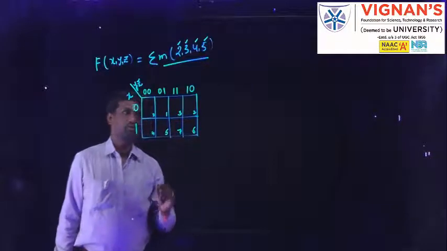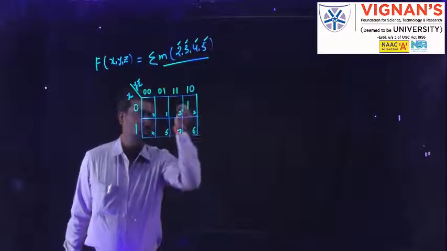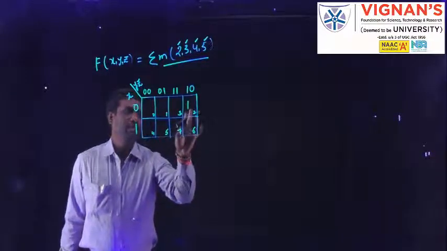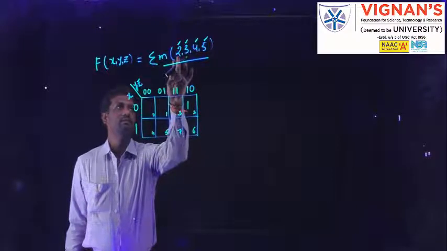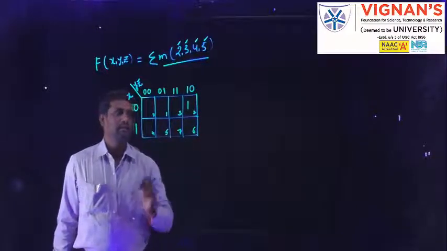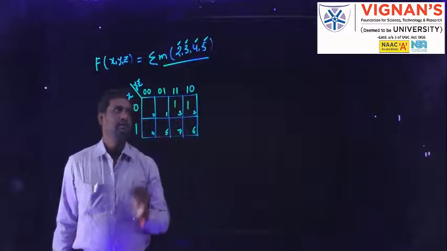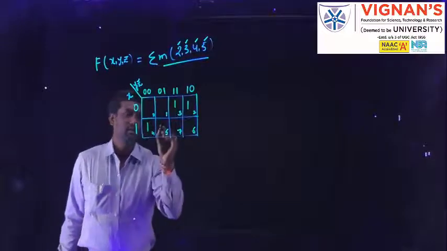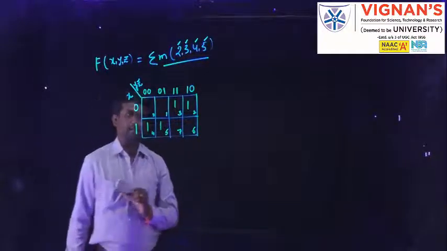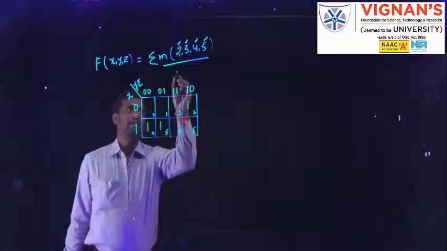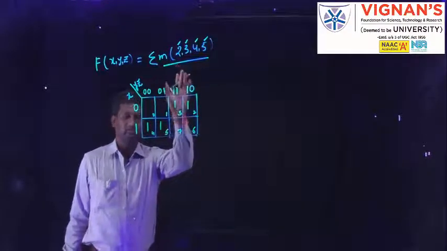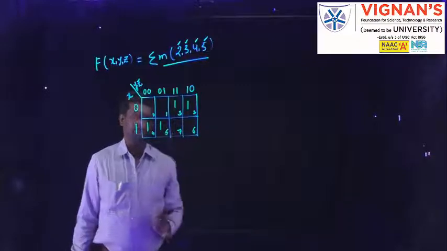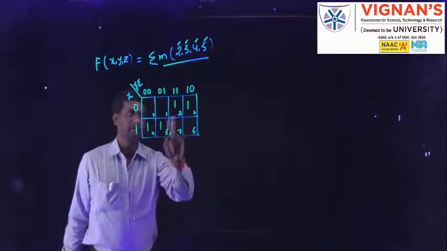That means we have to assign 1 for cell number 2 because that number is in the Boolean expression. Similarly, 3 is in the Boolean expression, 4 is in the Boolean expression, and 5 is also in the Boolean expression. So for whatever minterms are present in the Boolean expression, we have to assign ones on those cell numbers. Those ones represent the minterms.